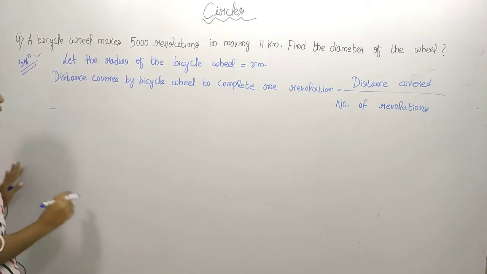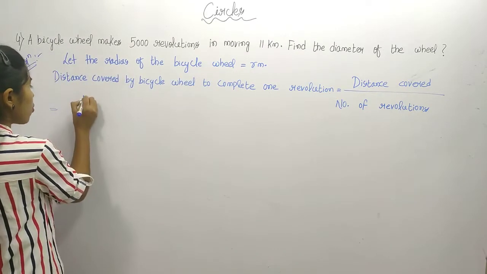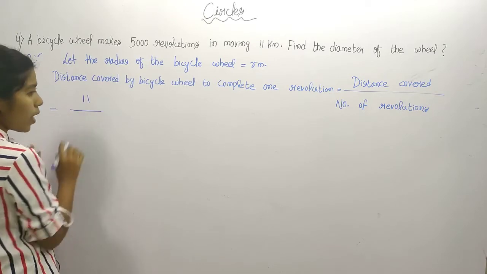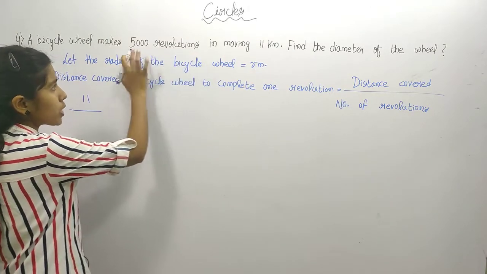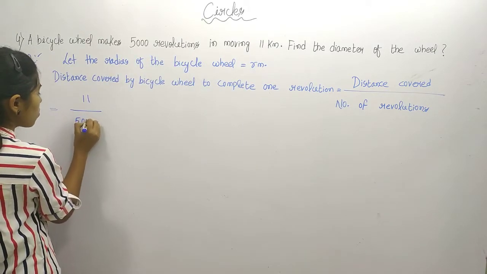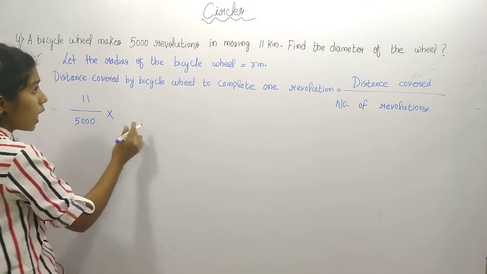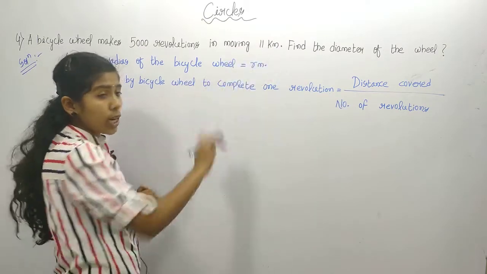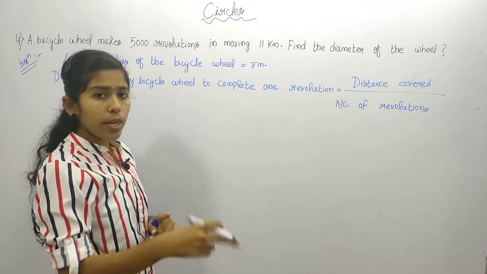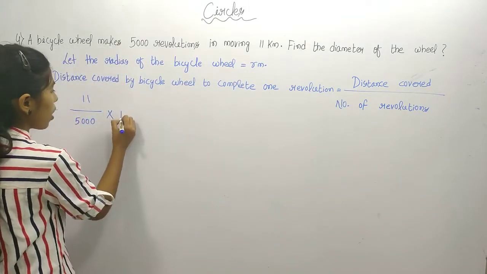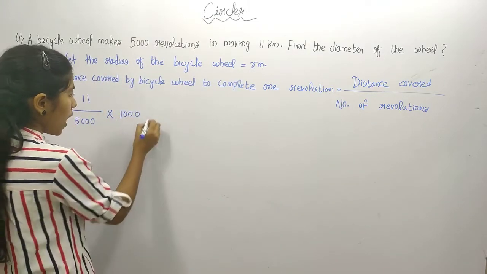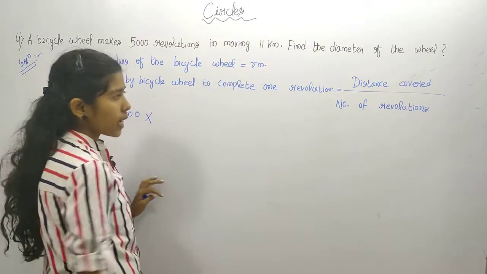So here you see, distance covered. How much is the distance? 11 kilometer. So you write here 11 divided by number of revolutions, which is 5000. But you see here 11 is not there, 11 kilometer is there. So 1 kilometer is 1000 meter. So you have to multiply by 1000. Again I have taken radius as meter.